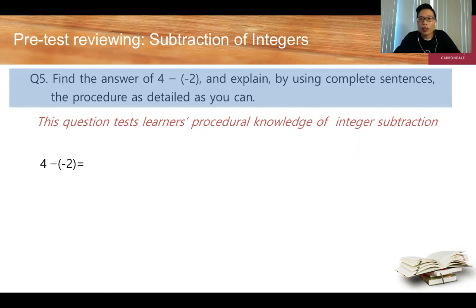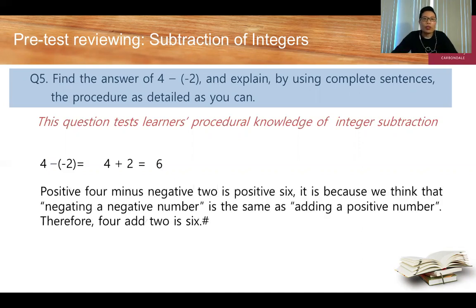And even number questions like question 2, question 4 are questions of conceptual knowledge. I have read your pretests. Most of you provided good answers for procedural knowledge questions, like question 1, question 3, and question 5. And here, I will show you my answer for this question.